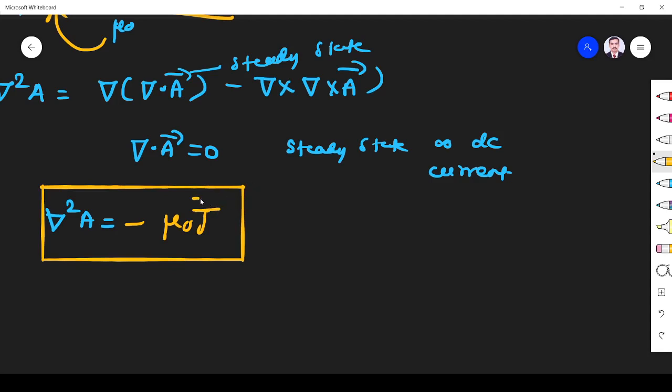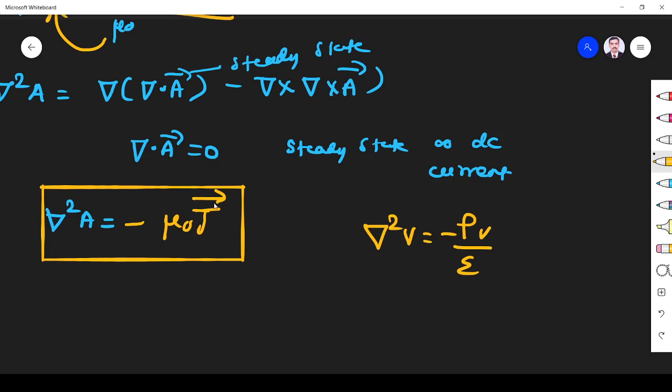Mu naught J vector, right? This is what you know as Poisson's equation for magnetic field, because we have already studied one equation, del squared V is equal to minus rho V by epsilon, which is the Poisson equation for electric field. This is the Poisson equation for magnetic field.